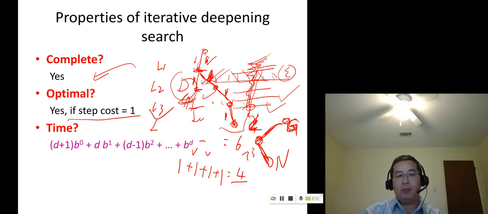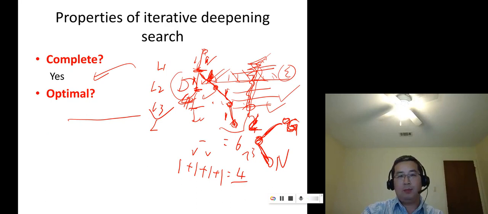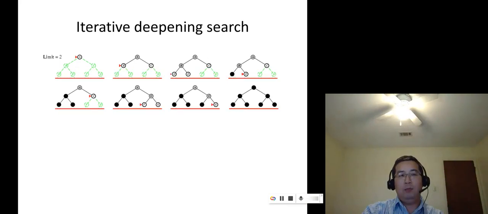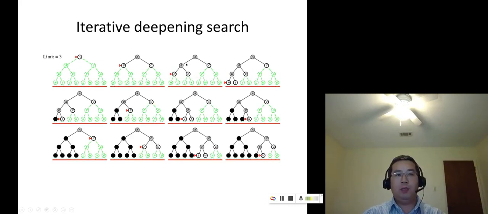For example, like the previous example, when we expand from here, we expand layer 1, and then with the limit equal to 2, we expand layer 1 again, right? And with the limit equal to 3, we expand layer 1 again.